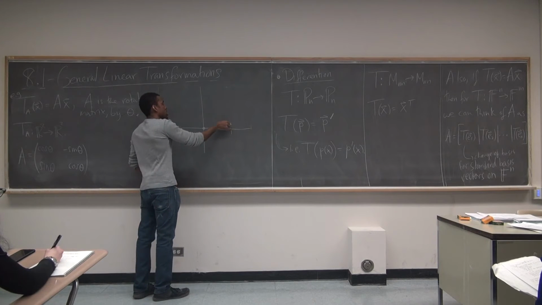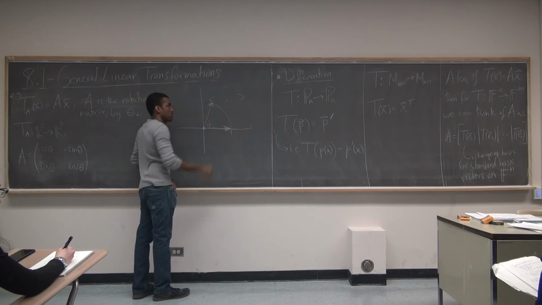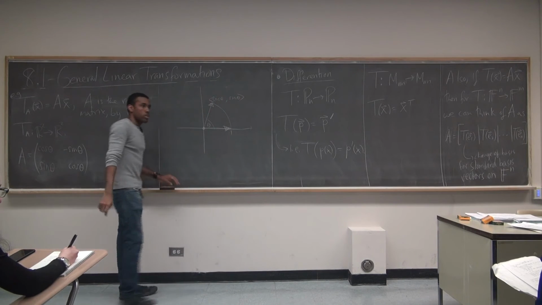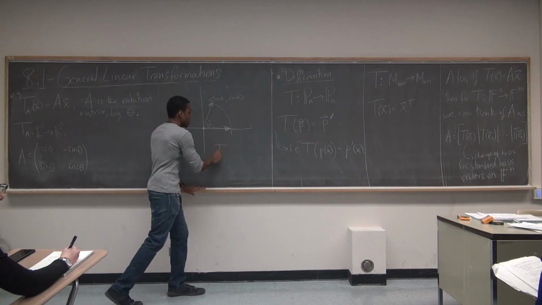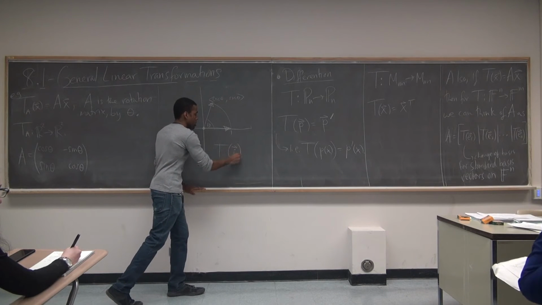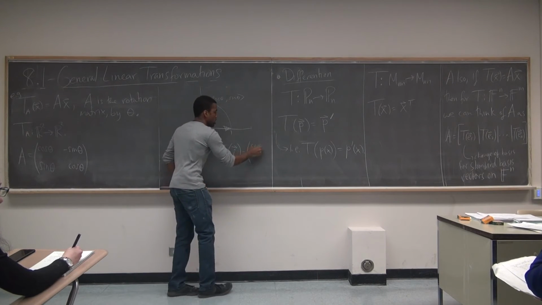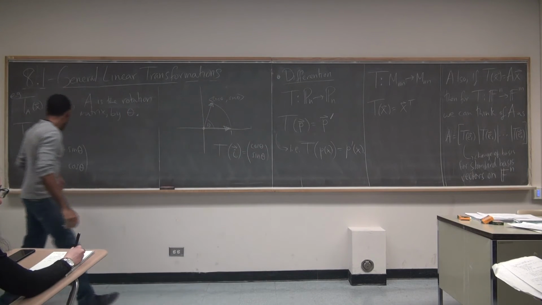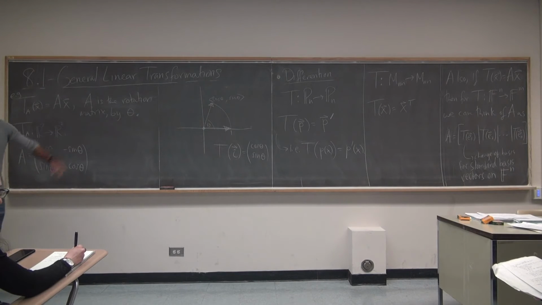Now if I rotate that by an angle theta, what is going to be the new coordinates of this vector? Well, it's going to be cosine theta, sine theta. So I can think of the transformation of the i vector as the vector cosine theta, sine theta. So I know that my i column of A will be that vector.